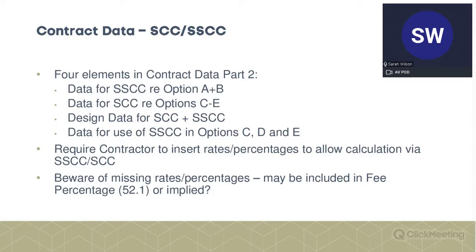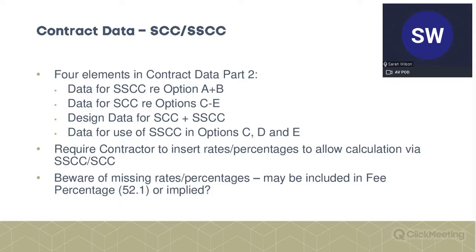And then, as I've said in this second bullet point, it requires the contractor or subcontractor to insert various rates or percentages, which then allow you to calculate what you're entitled to via the schedule of cost components or the shorter schedule. So that's why it's absolutely critical.